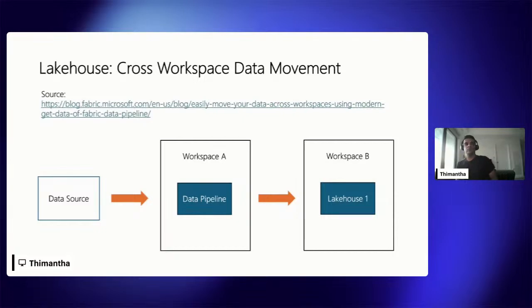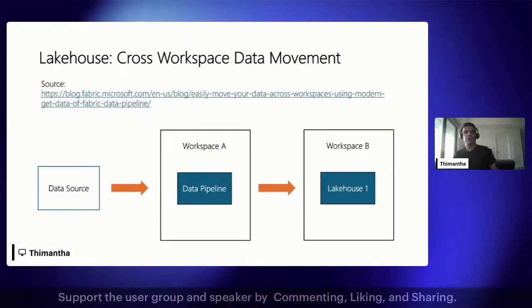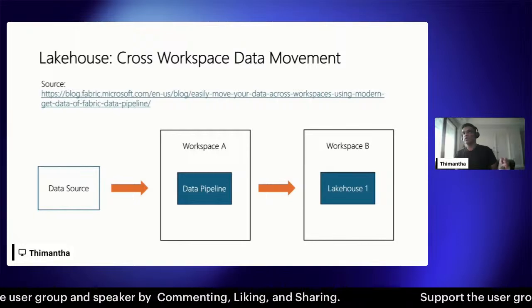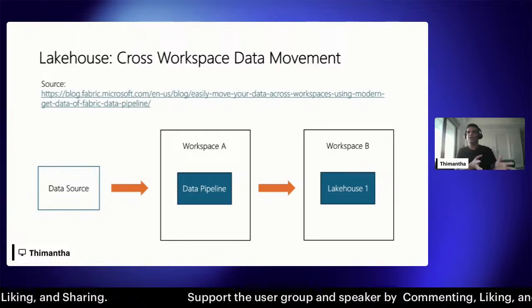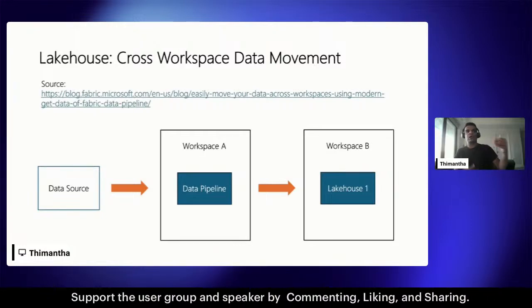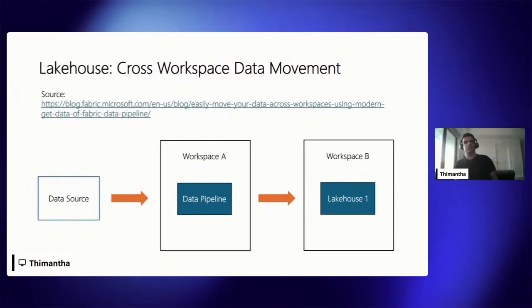That would reduce the need to have lakehouses in every workspace or multiple workspaces. So you can reduce the number of lakehouses by using this approach, and maintain a central lakehouse strategy, where you have a single central lakehouse or multiple central lakehouses that would be used for multiple purposes. So that is how the 1,000 item limitation is addressed with cross workspace data movement.